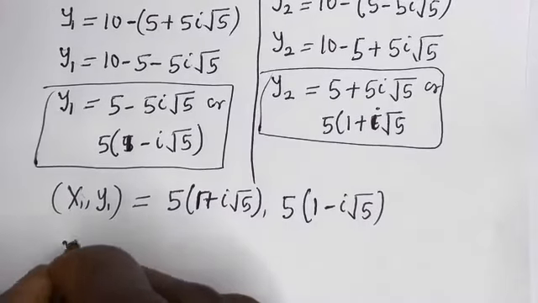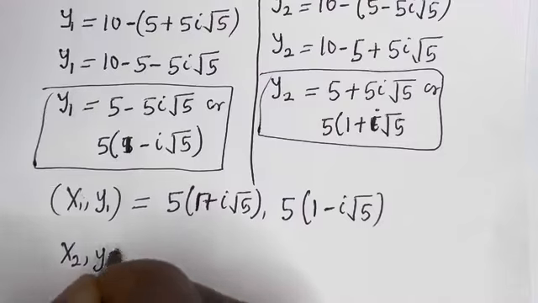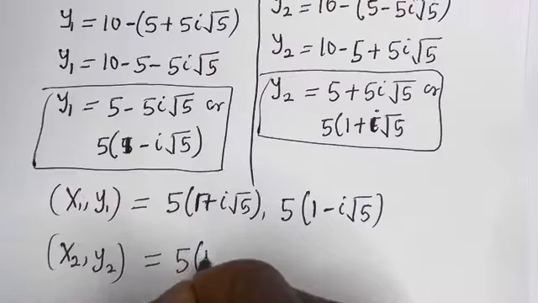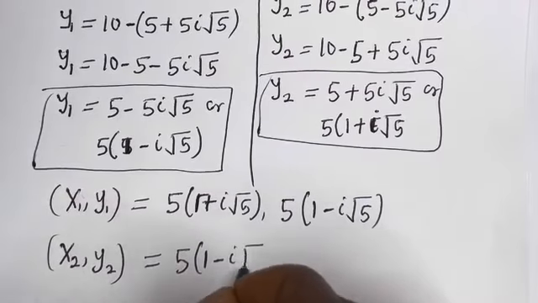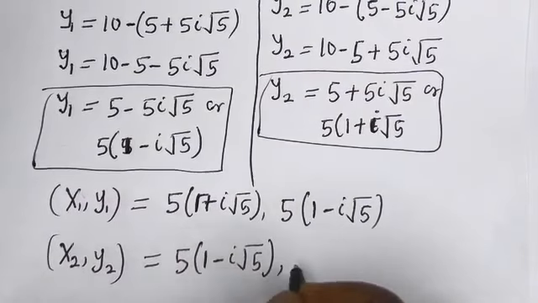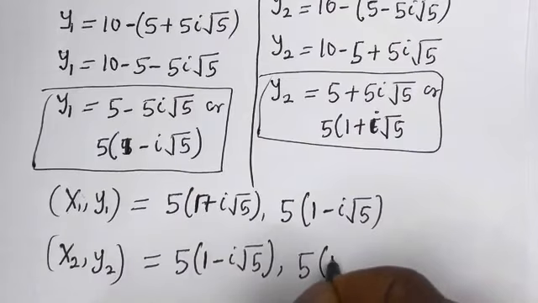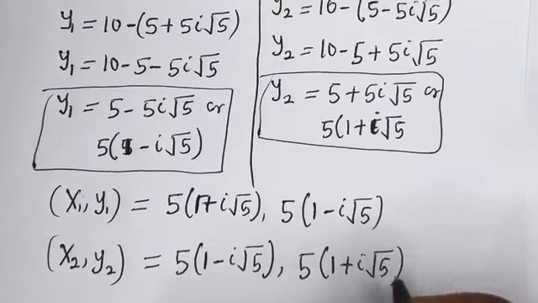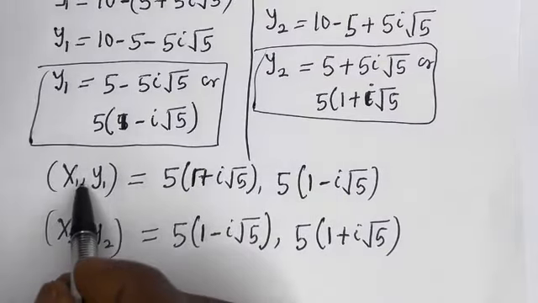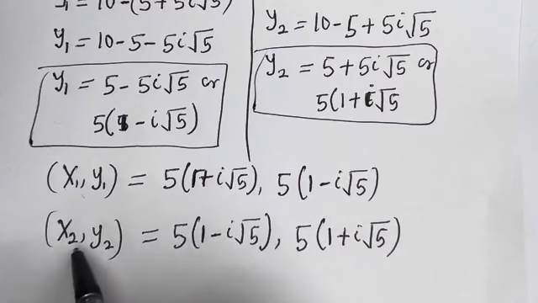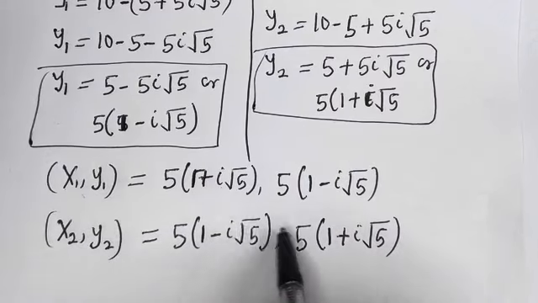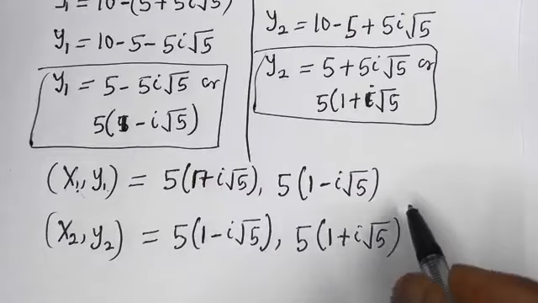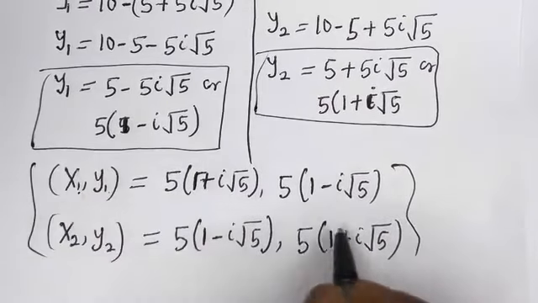Then s2, y2 is equal to 5(1 minus i square root of 5), 5(1 plus i square root of 5). You can see that the value of s1 here is equal to the value of y2 here, and the value of y1 here is equal to the value of s2 here. Then we may check to confirm if this is right or wrong.